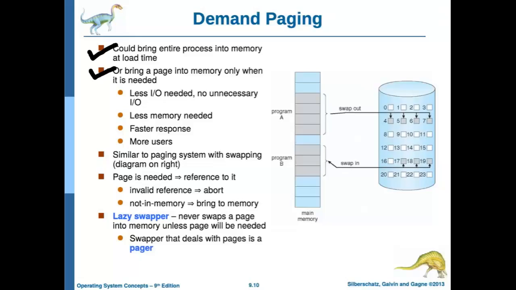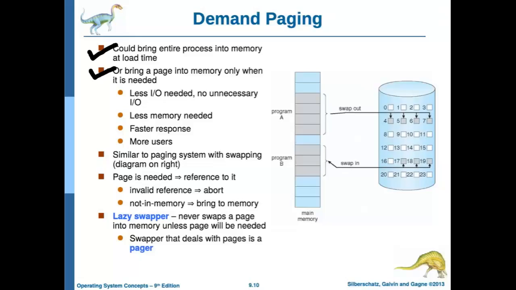Whereas what happens here is whenever you load the page into the memory, we'll set some sort of bit saying this is a valid page. So a valid-invalid kind of flag will be there. If it is an invalid reference, then simply abort it. That means it is not part of the logical address space of that process. That part we studied earlier.